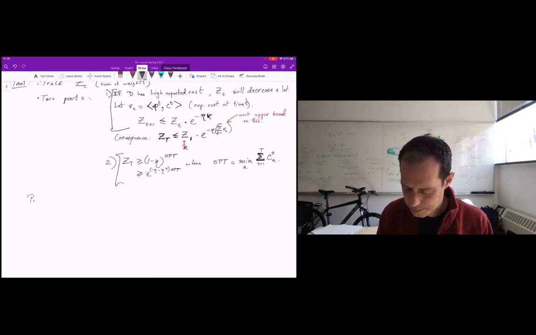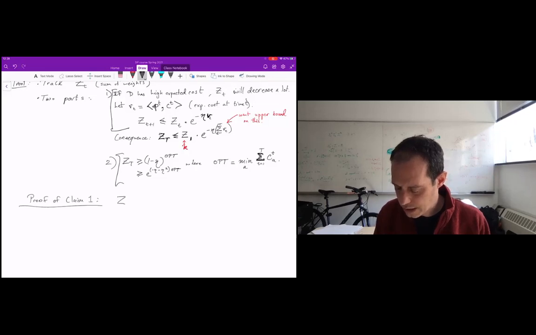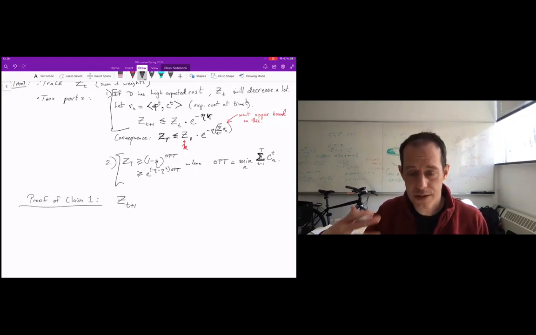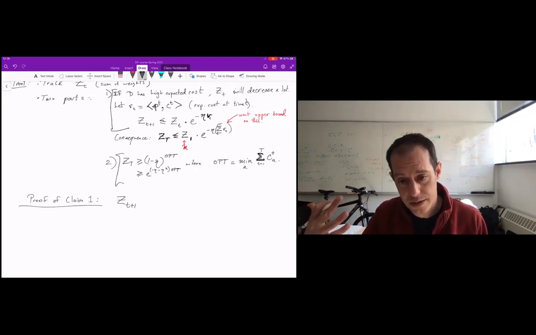So proof of 1. Okay, so let's look at Z_{t+1}. What we need to show is that it's at most Z_t times some factor that depends on the expected cost at time t.